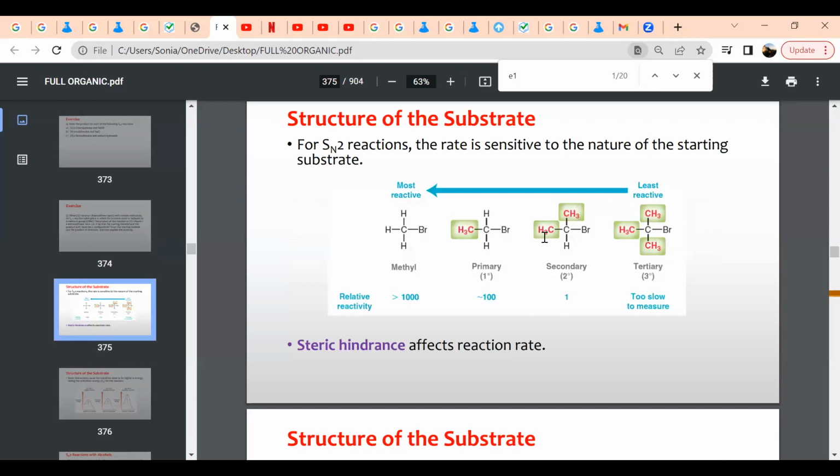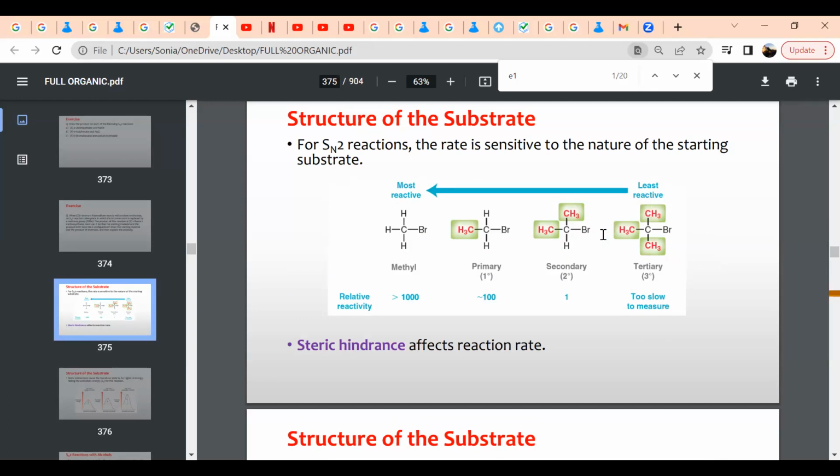Okay, so where were we? We were talking about hindrance affecting the rate of the reaction. For SN2 reactions, usually when the nucleophile is attacking, it's a backside attack. When you have a tertiary substrate, it has these 3 methyl groups.